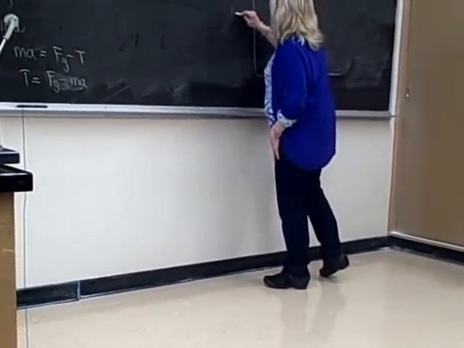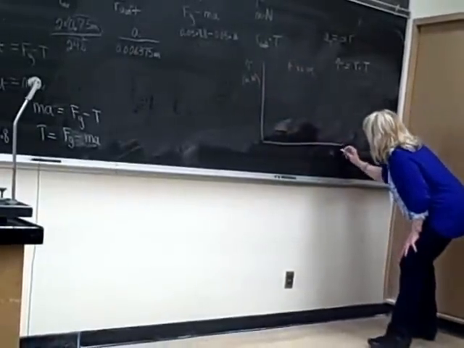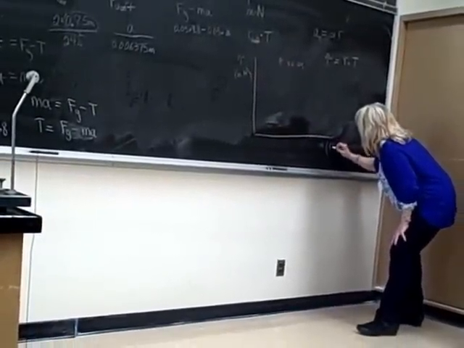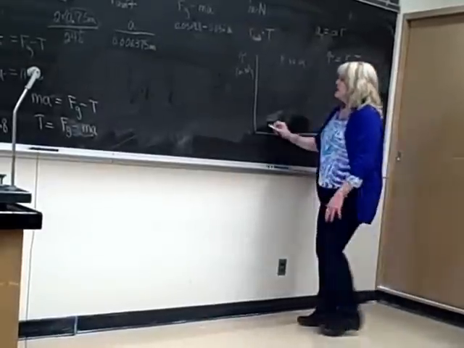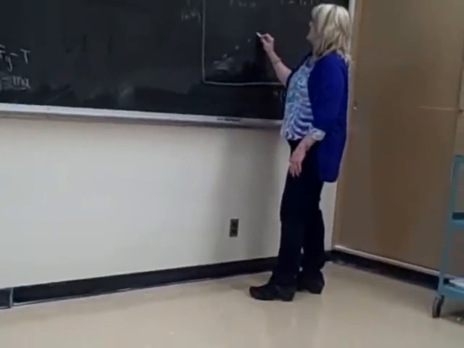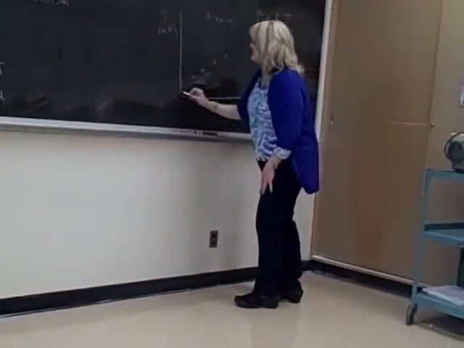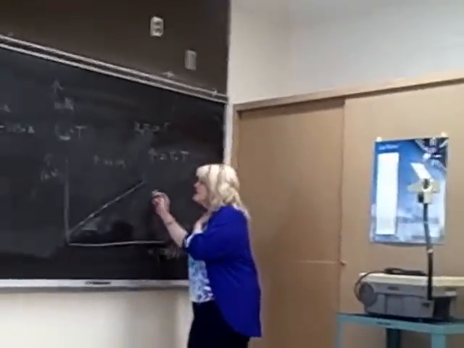So you've got torque in meter newtons up here, and you've got alpha in radians per second squared on the x-axis. And you should get something that looks kind of like this. I guess you'll only have 4 points, I don't know. Of course, they probably won't fall that nicely on a line. And you're going to do a best fit line.